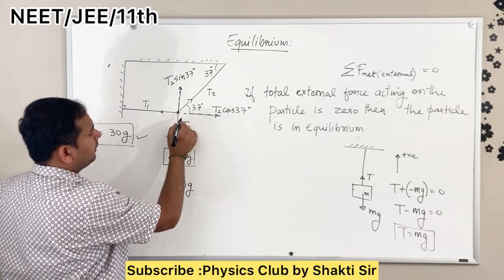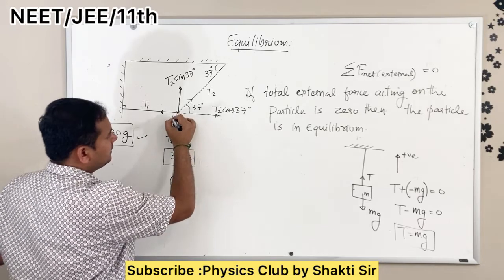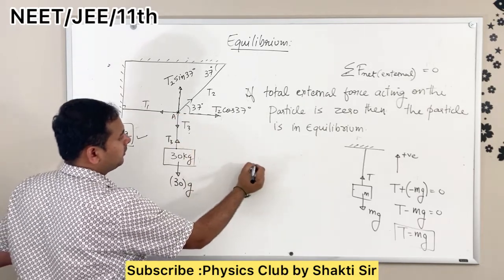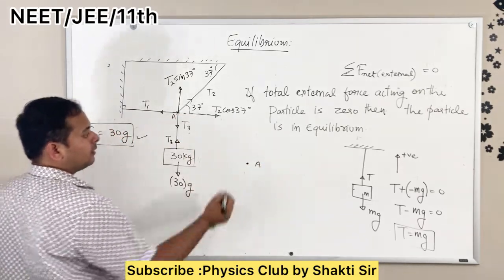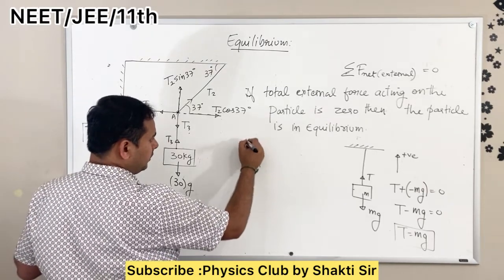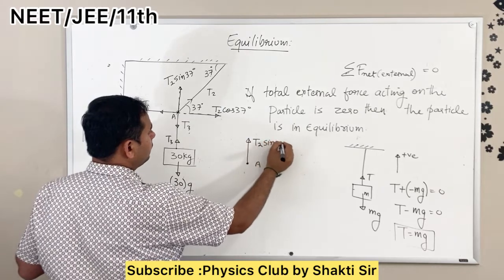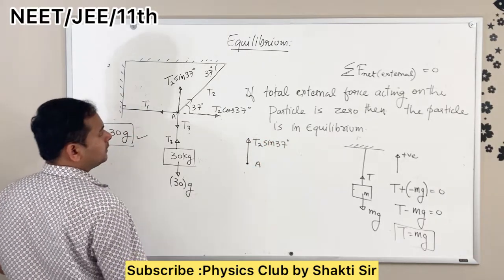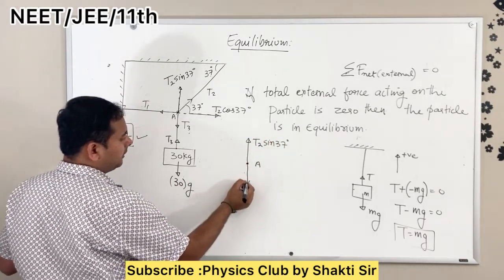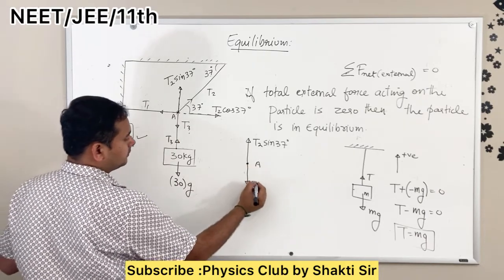Okay, we are just going to solve the value of T1 and T2. So at this point, let's say its name A. So this is point A. The upward force acting on point A is T2 sine of 37. The downward force acting at point A is T3.